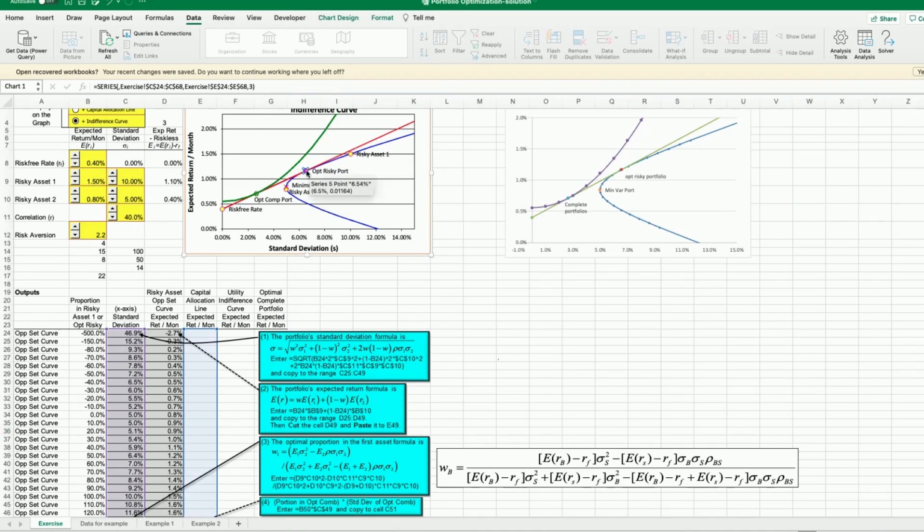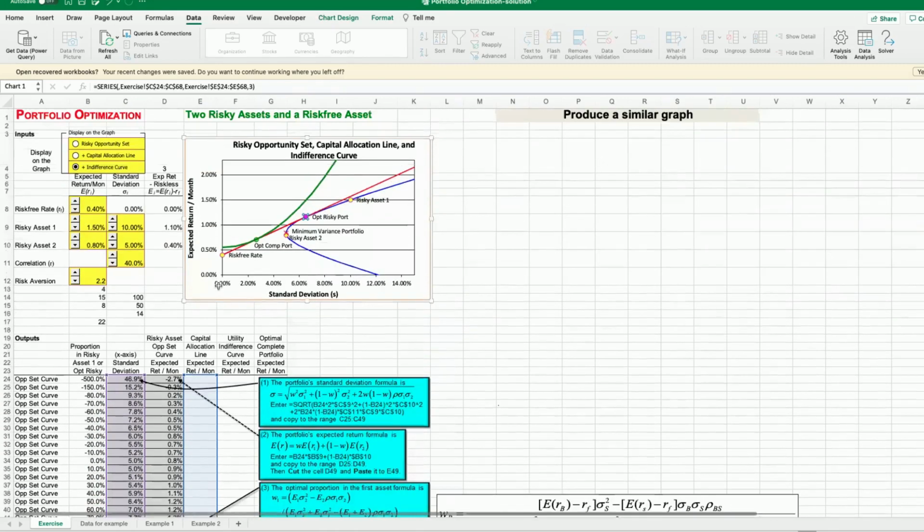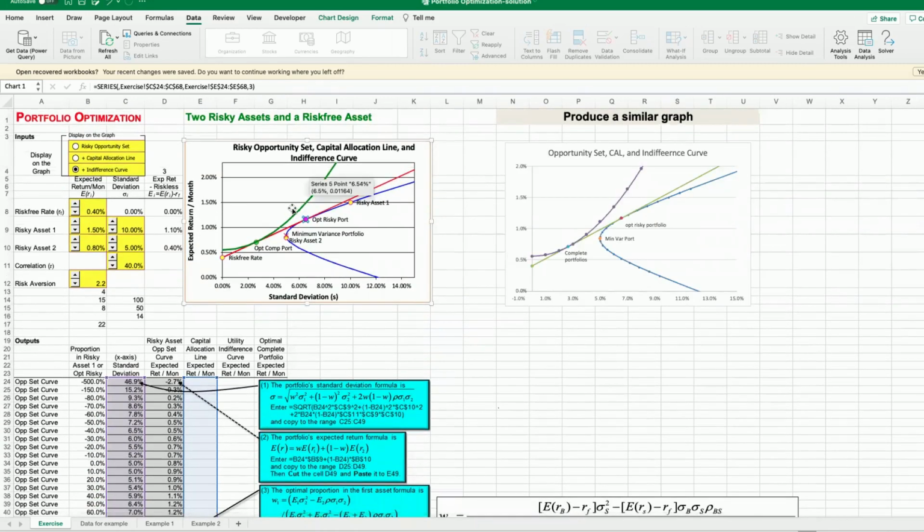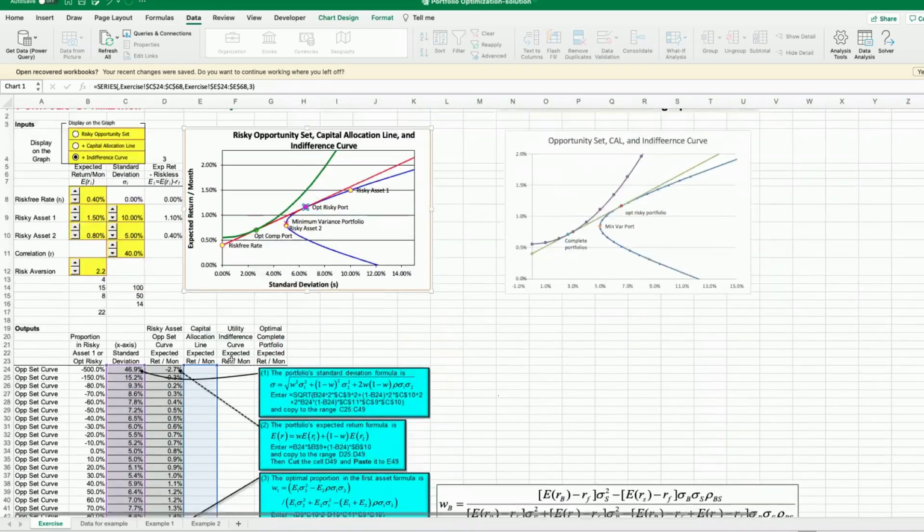This is the tangency point here. If we want to further maximize the slope, we cannot find any other feasible strategy. If there are other points on this curve connecting to the risk-free asset, those are not the optimal risky portfolio, because if you haven't reached the tangency point, you can further maximize the Sharpe ratio and make the slope steeper.